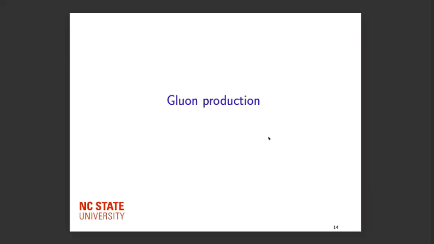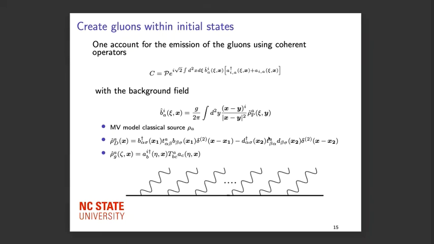Now, after we sample this source, we create some gluons from this source. You can do this in a rigorous way, with perturbation theory, taking care of everything step by step. But here, if we only consider very few gluons, we can create gluons using this coherent operator, which is basically a generalization of the coherent state in quantum optics.